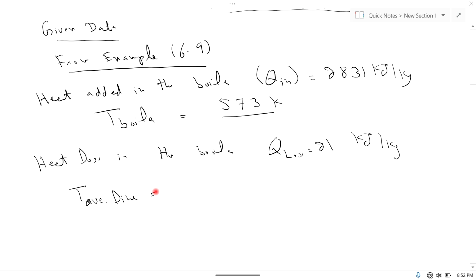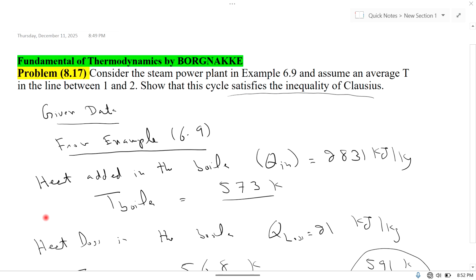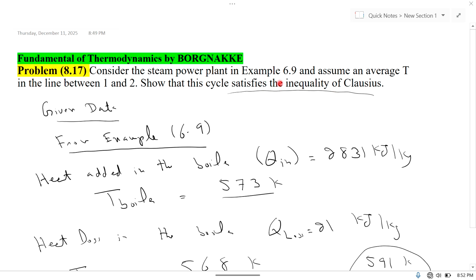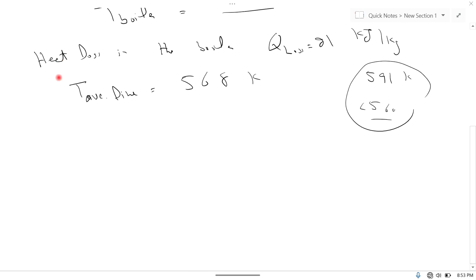So I think the maximum temperature is almost 591 Kelvin, and the second line is less than 560. So the average is 568 Kelvin, and this is given in the problem: take the average T in the line between 1 and 2. This is the average of line 1 and line 2.